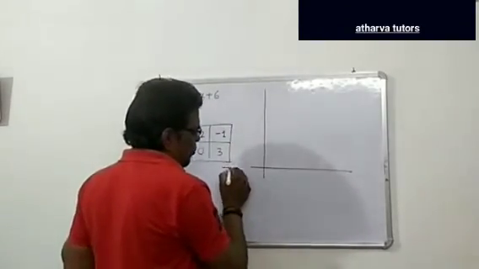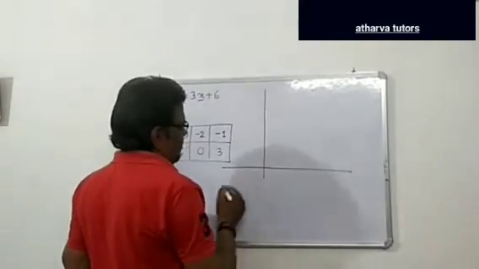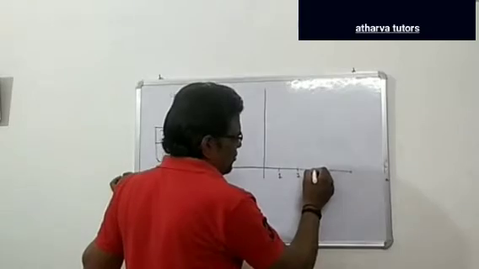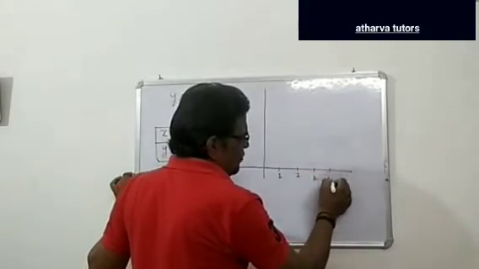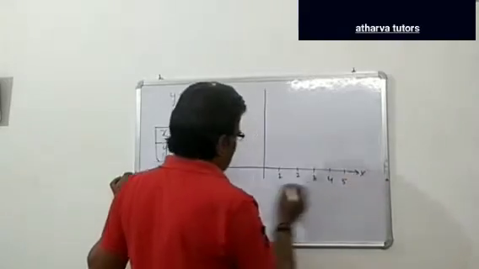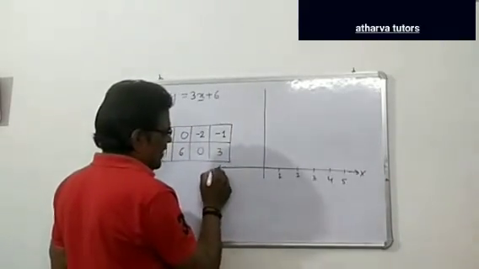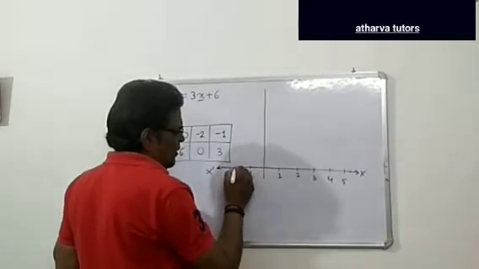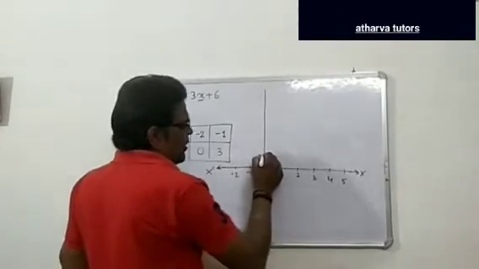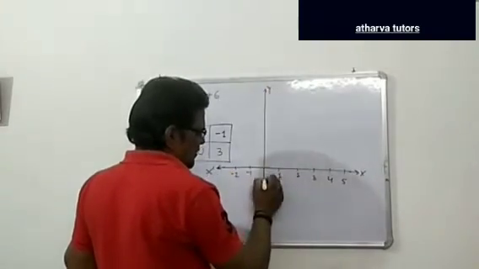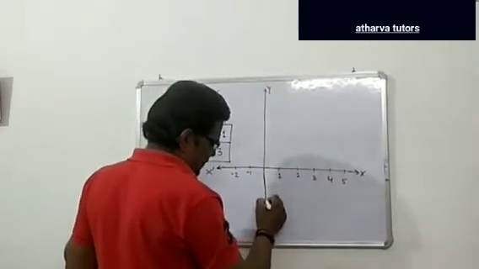So if you plot this on the graph, suppose this is 1, 2, 3, 4, 5, this is your x-axis, and here it's x dash. We do this way, minus 1, minus 2 this way. Here it's the y-axis, and this is the y dash axis.